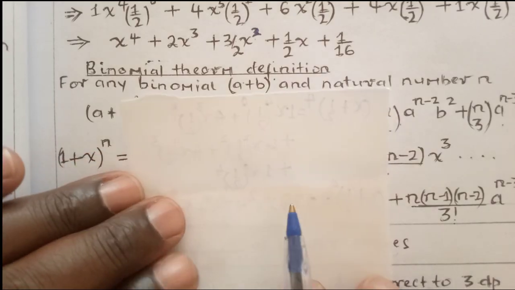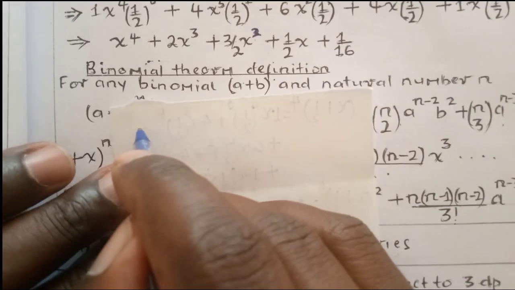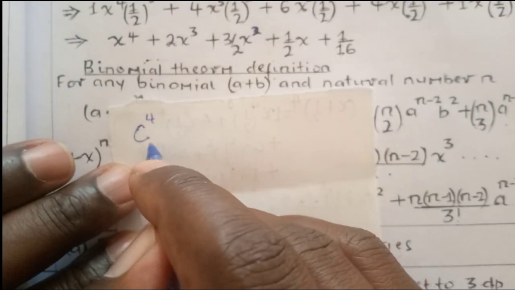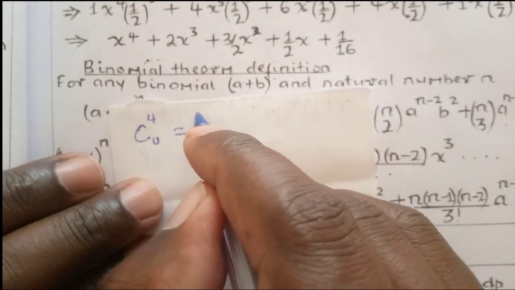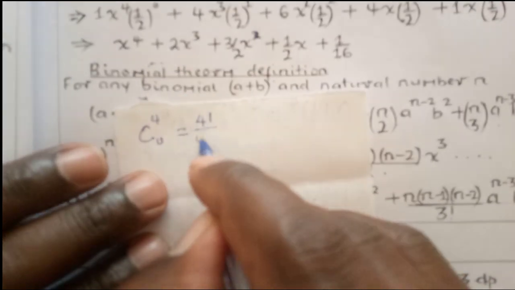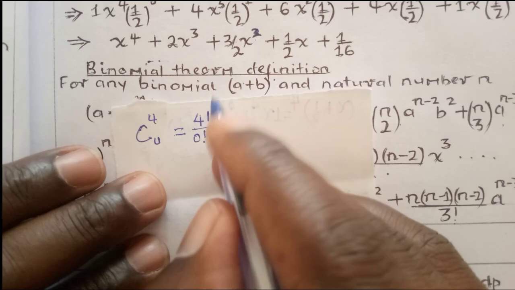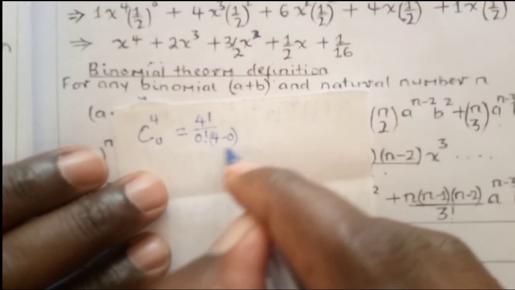Now we come to the binomial theorem definition. But before we go to that, there is something called combination. You have the combination of 4 and 0. This one gives us 4 factorial all over 0 factorial times 4 minus 0 factorial.